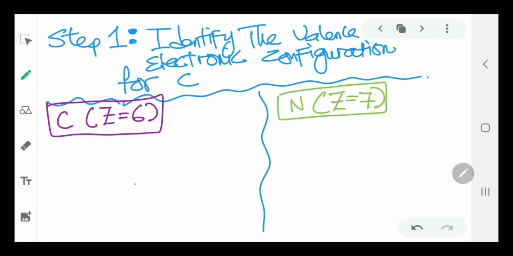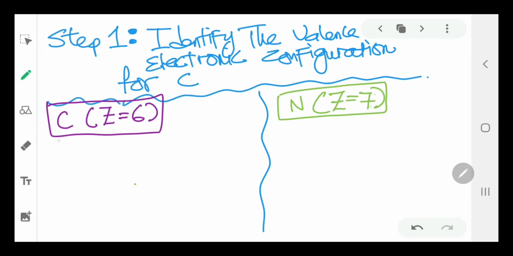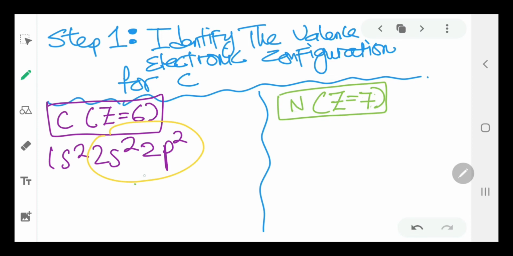Now, we want to know the valence electronic configuration. We have done this just now. For carbon, you have 1s2, 2s2, 2p2, and those are the valence electrons you need to be using.